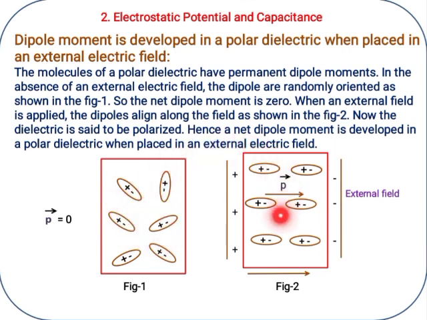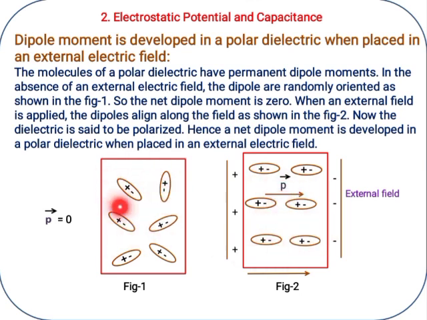In the second figure, they are arranged in a systematic manner. The first figure is in the absence of an electric field, and the second figure shows it in the presence of an external electric field.